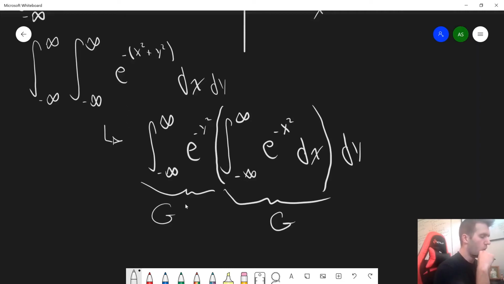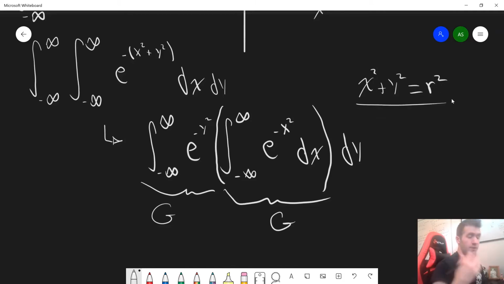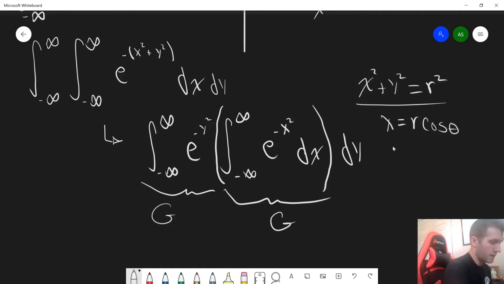Now, what we've essentially just proven to ourselves is that we can actually convert this integral to polar. If you recall from polar conversions, x squared plus y squared is just equal to r squared, because x is equal to r cosine of theta and y is equal to r sine of theta.